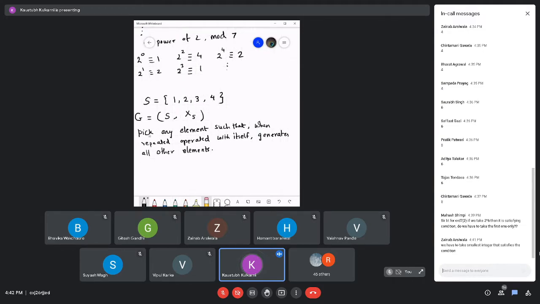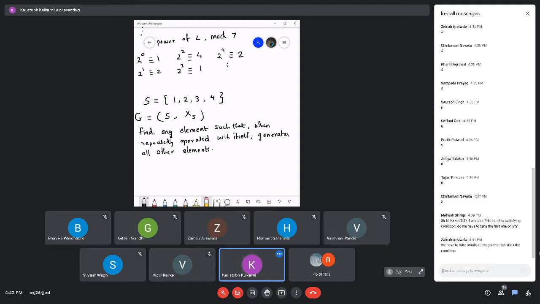Pick is not the right word, because this property is not true for all the elements. So find an element from this such that when repeatedly operated with itself, it generates all other elements basically.